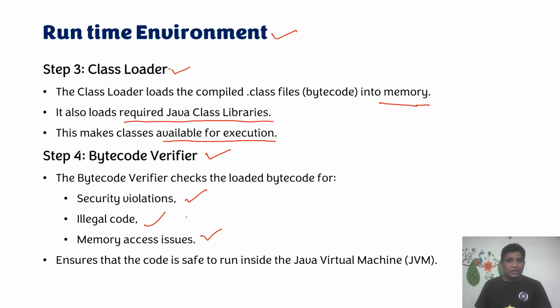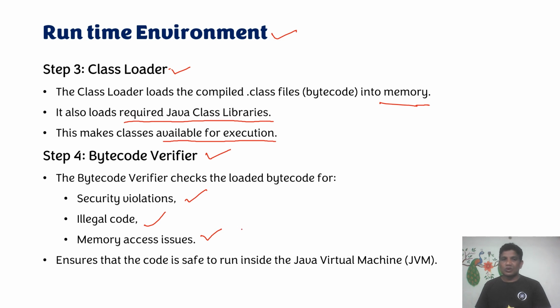Any illegal code in the bytecode is also checked by the bytecode verifier. Memory access issues, such as stack overflow and stack underflow, will also be checked by the bytecode verifier. Whether the bytecode is secure or not, it will be checked by the bytecode verifier. If everything is fine, then only the bytecode will get executed.